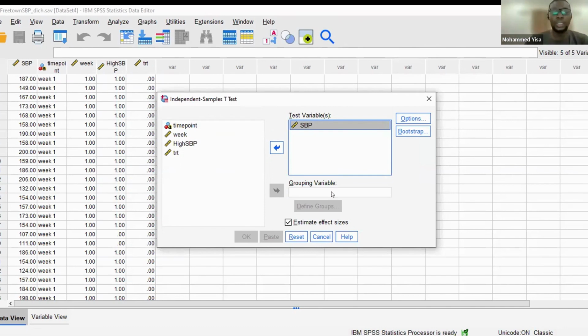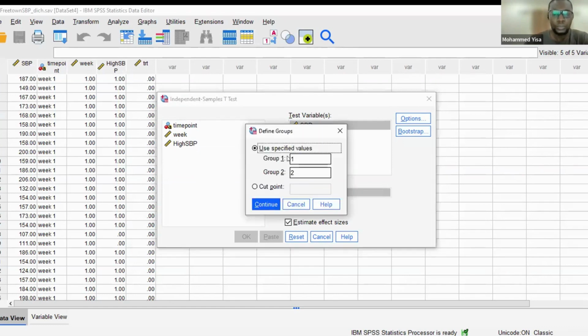There is something called a grouping variable, which is usually a categorical variable. So this is treatment. We put it here, and then it's going to ask you to define the groups. So you define the groups as 0 and 1, and then you click on continue.